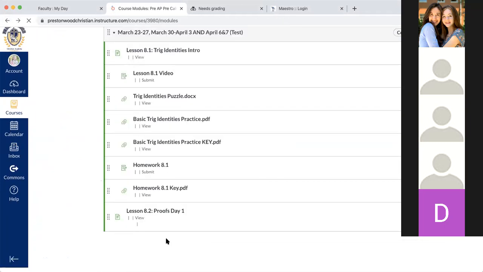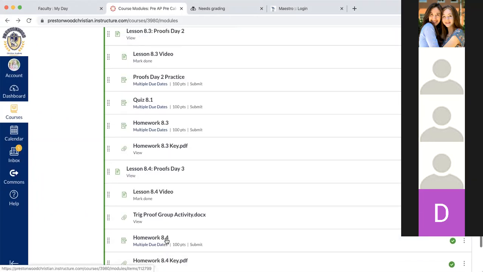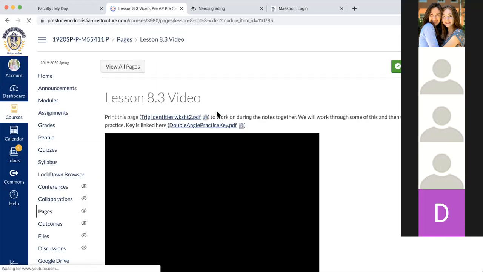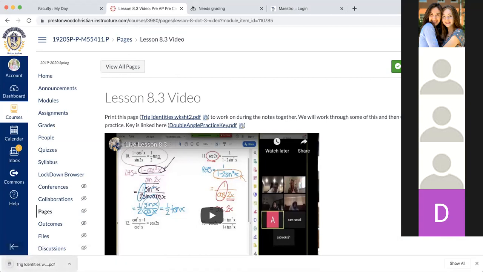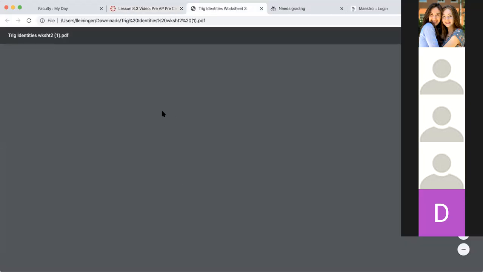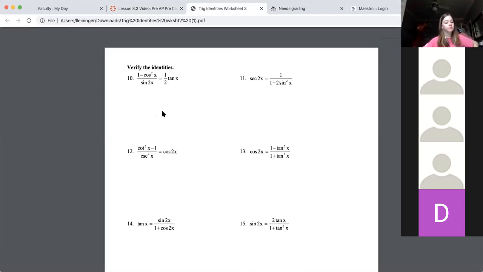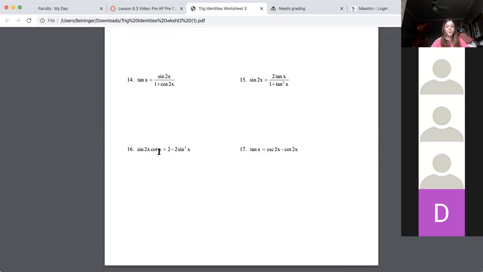I had them somewhere on here. They're not showing up where I want them to. Ah, here it is. It's under the lesson 8.3 video. There's a trig identities worksheet 2. We worked through some of these in class together that day, but there are more of them here for you to do as well.